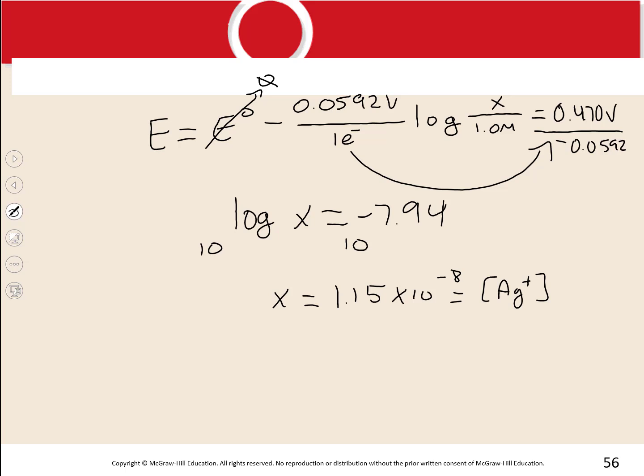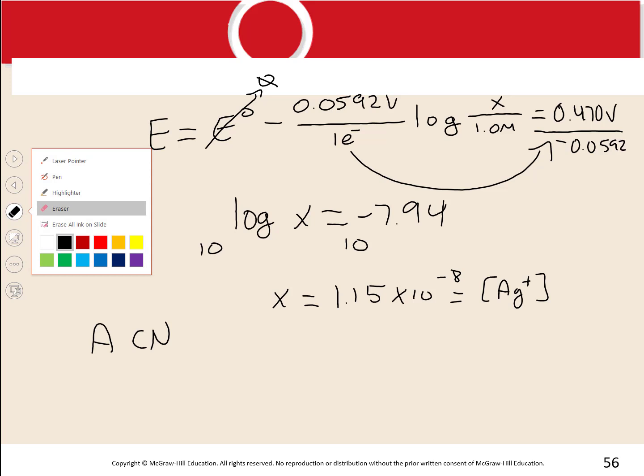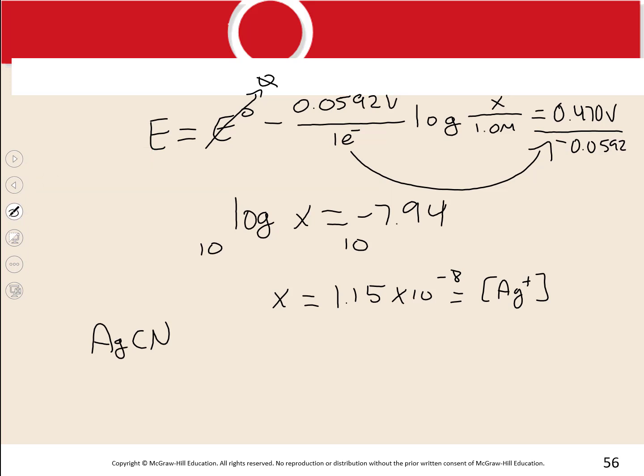So silver cyanide, AgCN. Ksp is the K or equilibrium constant for this dissolving in water. So if this is my solid, what would my products look like for this dissolving in water? I'll get two products. What are they?